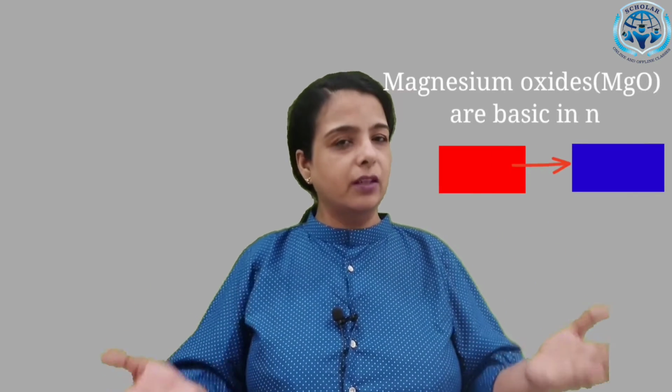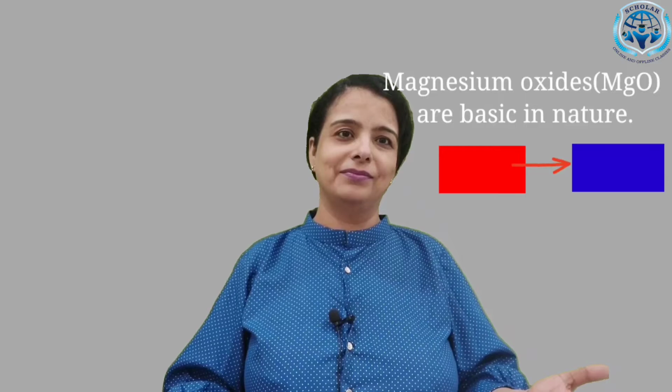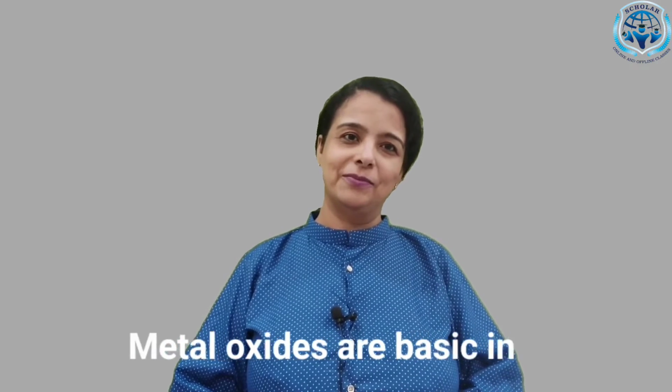What will happen? You will observe that litmus paper turns blue. That means red litmus paper is turning blue, indicating that magnesium oxide is also basic in nature. So we can infer that oxides of metals are basic in nature.